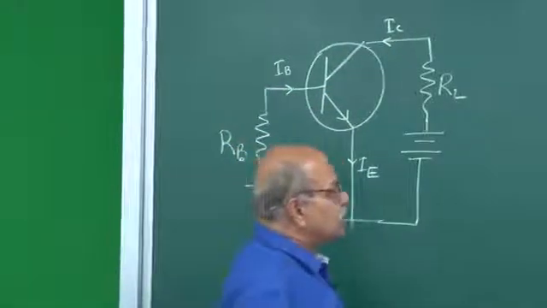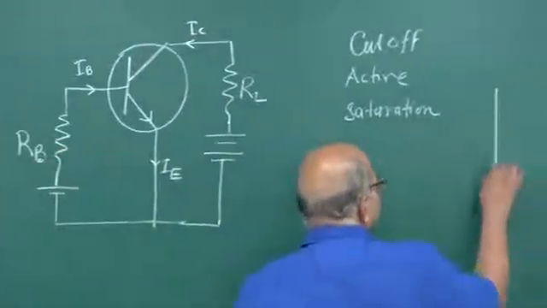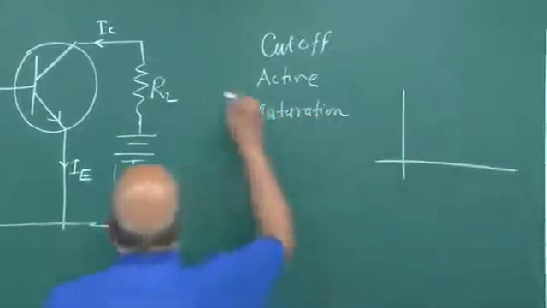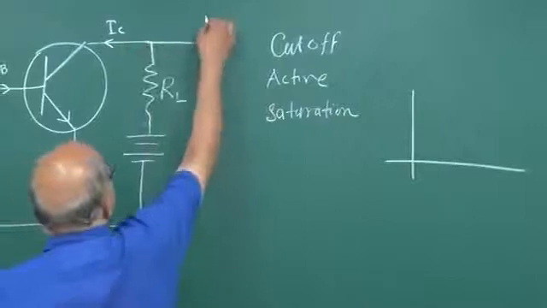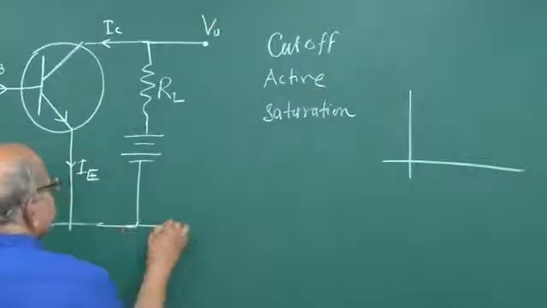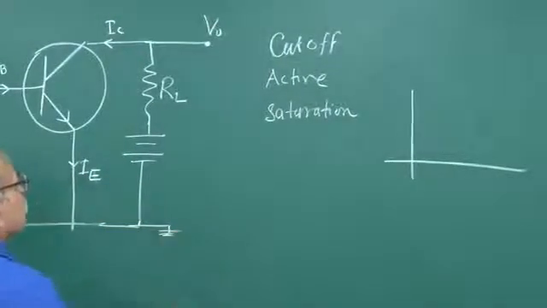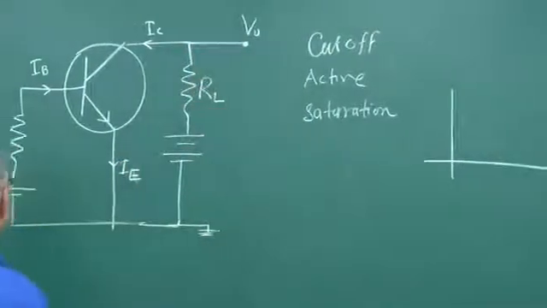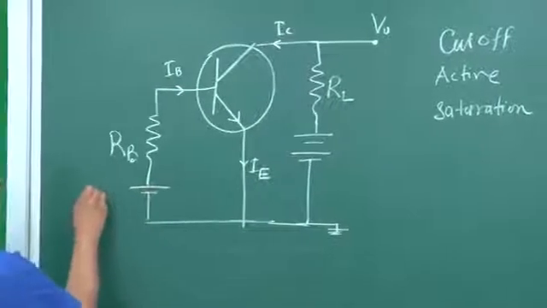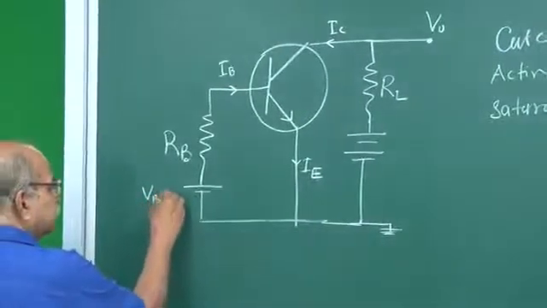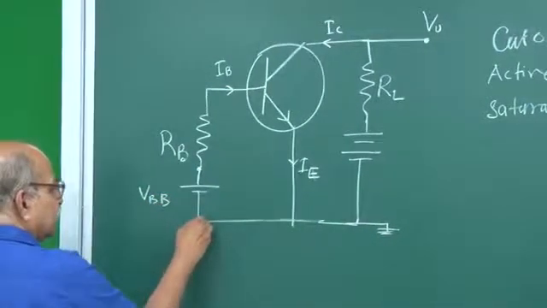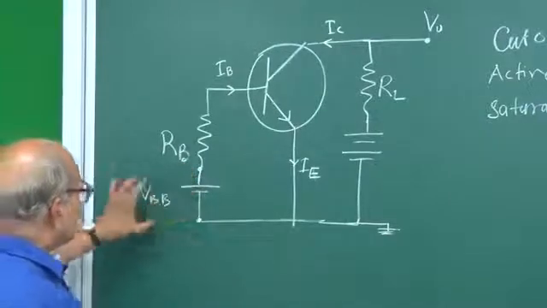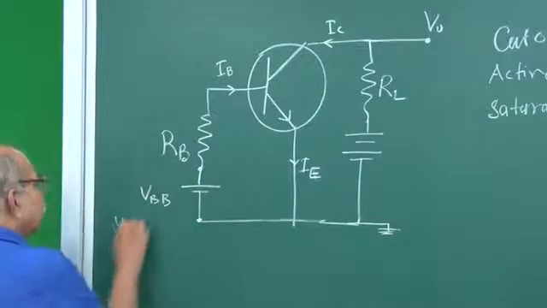So, if you draw a graph of say output voltage, this is our output voltage VO, this is 0 voltage, ground which we call. So, if you draw graph between this output voltage here and this input voltage here that you are applying, VBB, which you can call VI, input voltage.